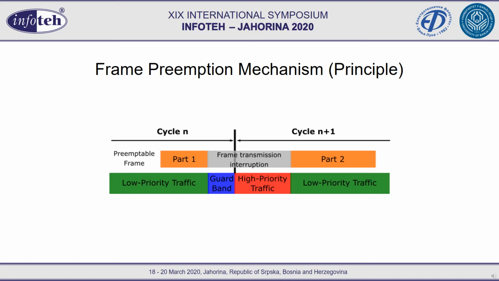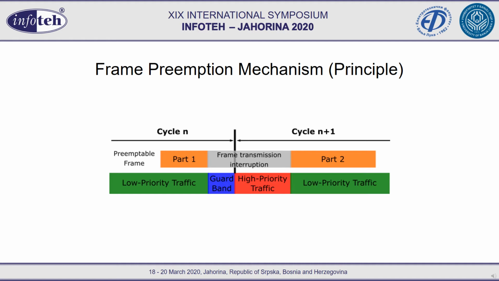So in order to guarantee that the largest possible frame will not enter high priority traffic, we need to reserve about 123 microseconds for the largest Ethernet frame on 100 megabits per second.